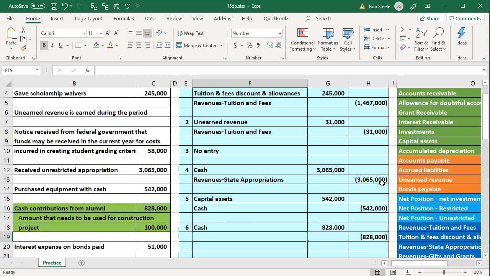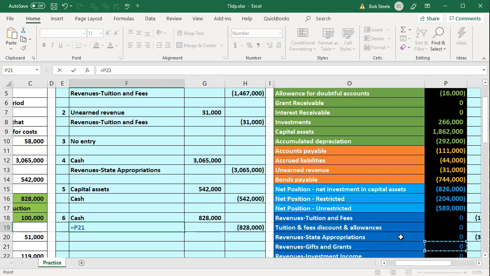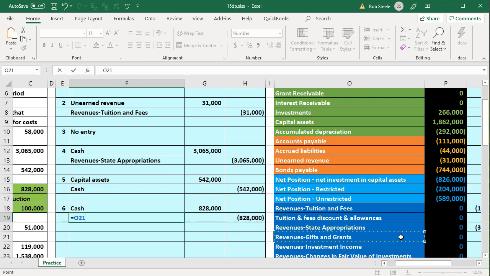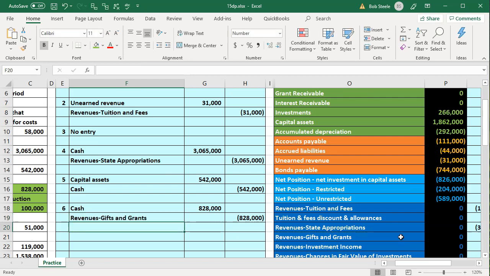Note what I'm doing here is I'm crediting simply the entire amount to one account. And we're not having two accounts, one indicating with restrictions, one without. We're simply going to the same revenue account for both. And then we'll be breaking those out once again in the closing entry process. So this is going to be equal to the revenue related to gifts and grants. So there is our transaction.